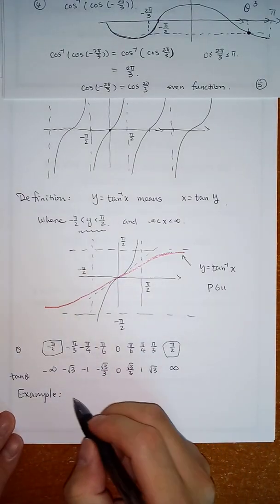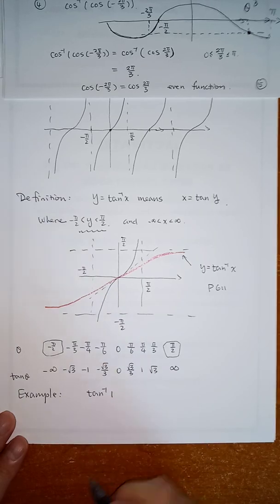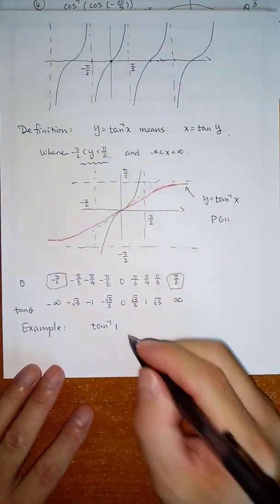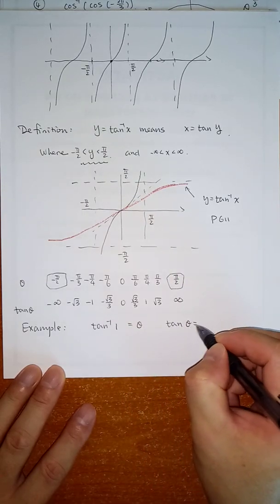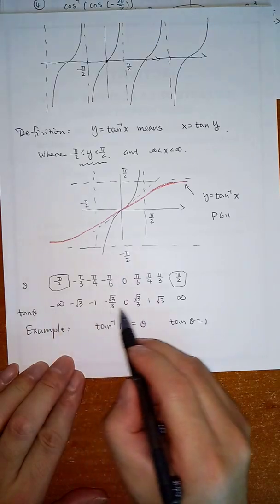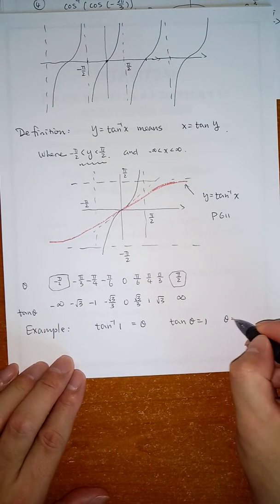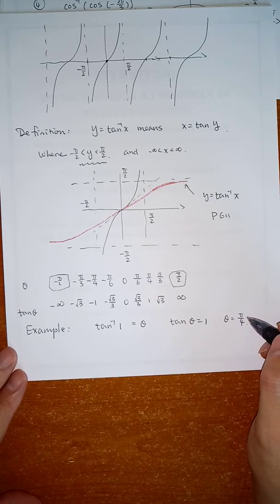Let's do the evaluation. What is tangent inverse of 1? Set it equal to theta, so tangent theta is equal to 1. Reading the table, theta is pi over 4.